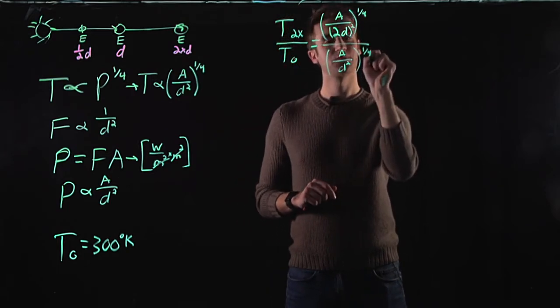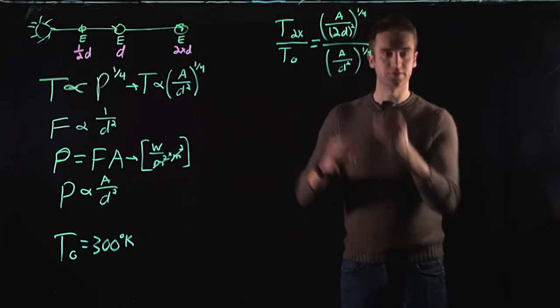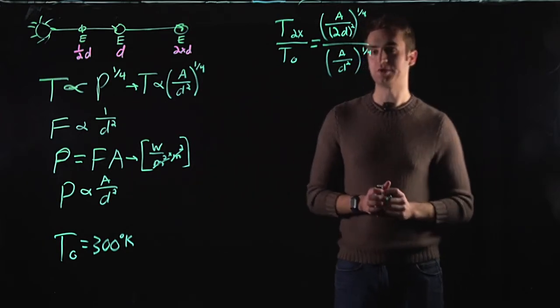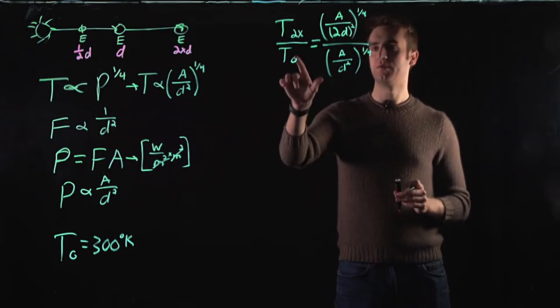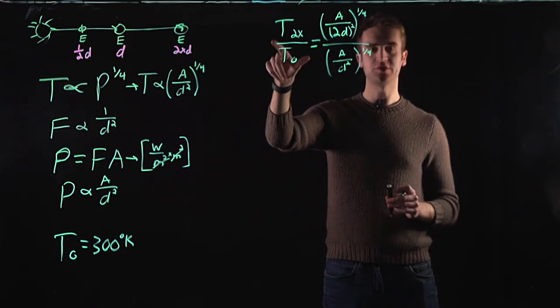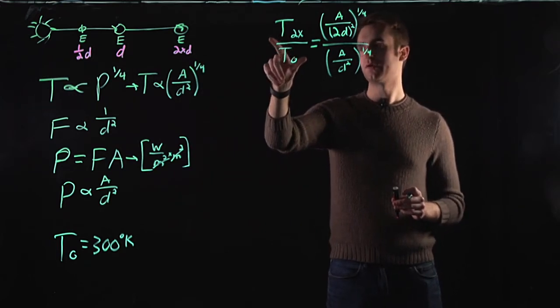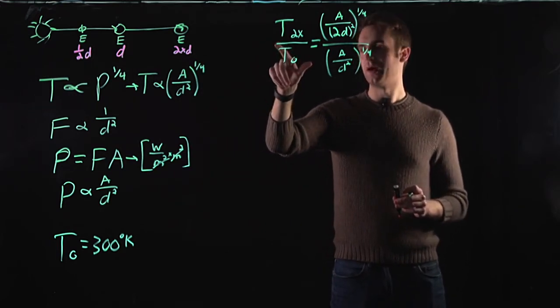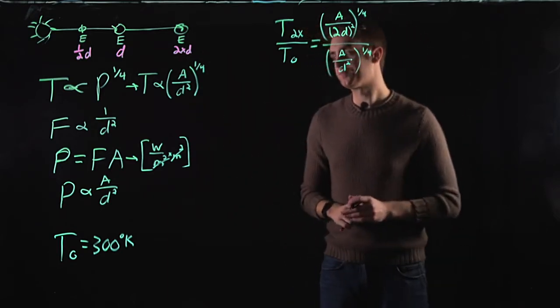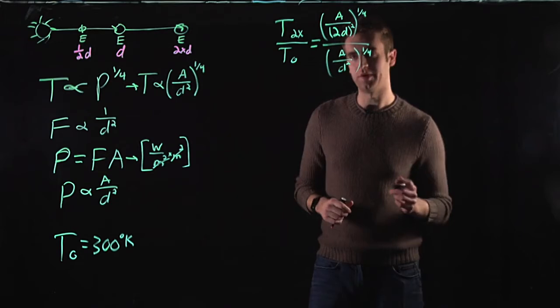All right, so we have this relationship. Because we have a way to isolate the surface temperature of the Earth at 2d from this equation, we can solve for the surface temperature of the Earth at twice the radial distance.